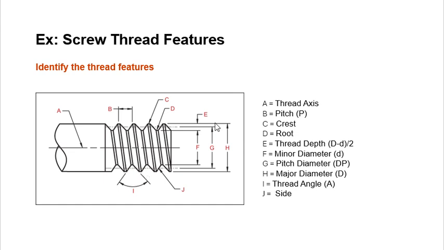The only thing that's a little bit difficult to see is the depth, which is this E right there, because the way they show it, it looks kind of like a major diameter. I would put it around here instead of there, so that way you can see the depth of the thread.